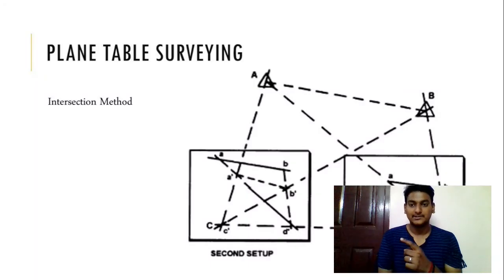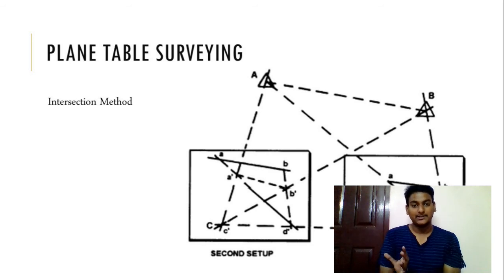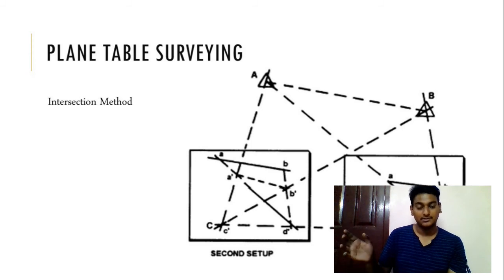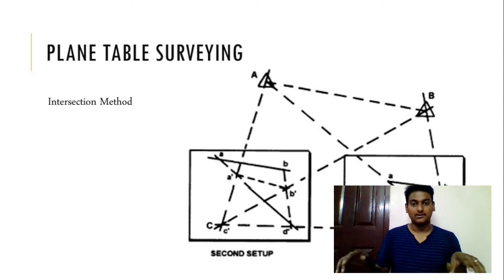The next one is the intersection method, and now the plane table is situated outside those stations, and a second position of another station outside those stations is considered, so that by intersecting both lines, a shape can be obtained and the area can be viewed.